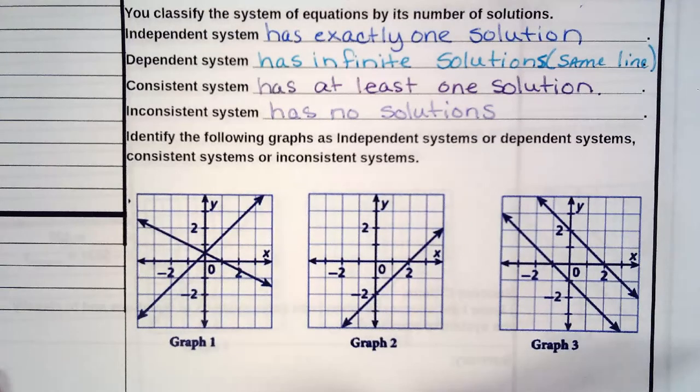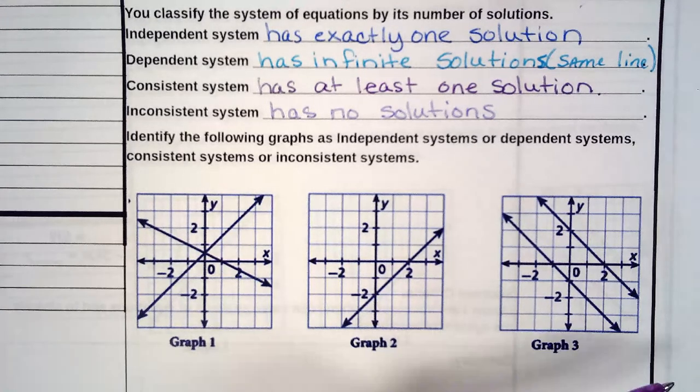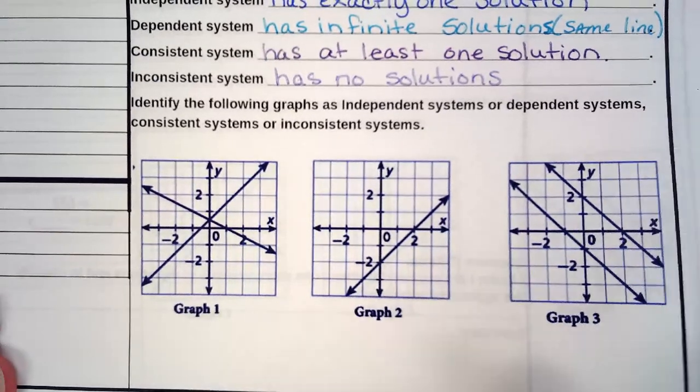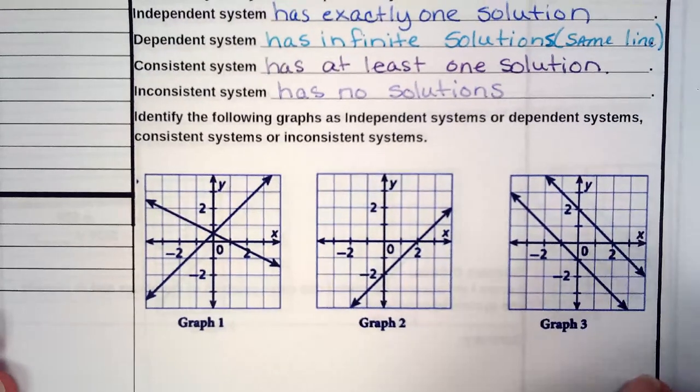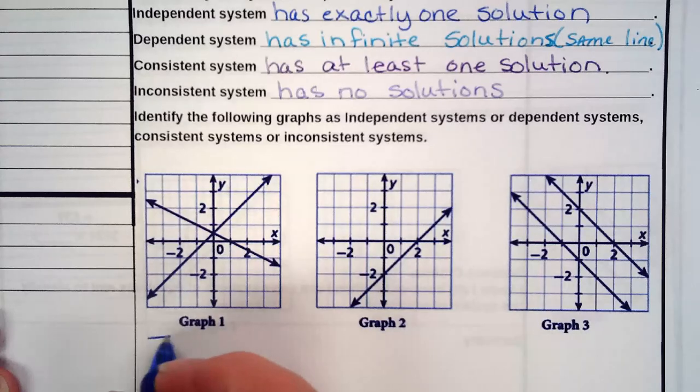So let's identify the following graphs as independent or dependent systems, consistent or inconsistent systems. So graph 1, what is it? It has exactly one solution. Exactly one solution is independent.